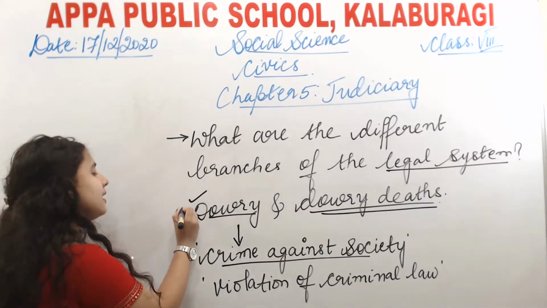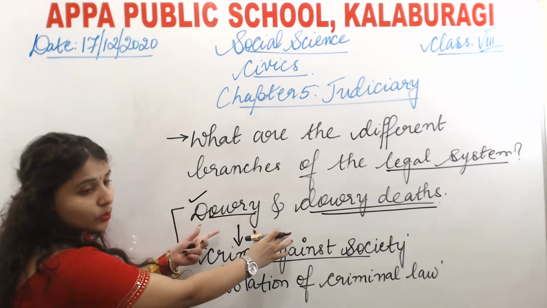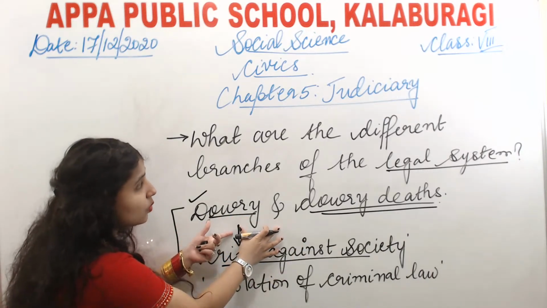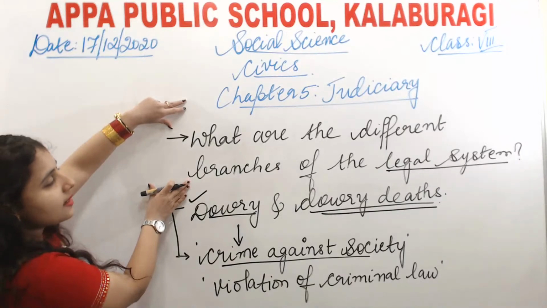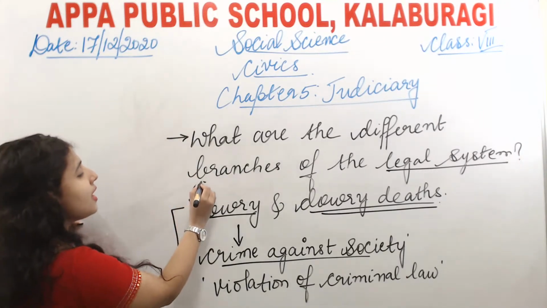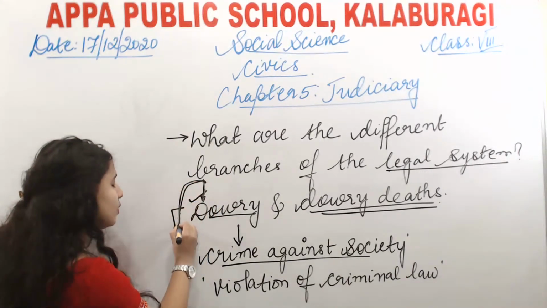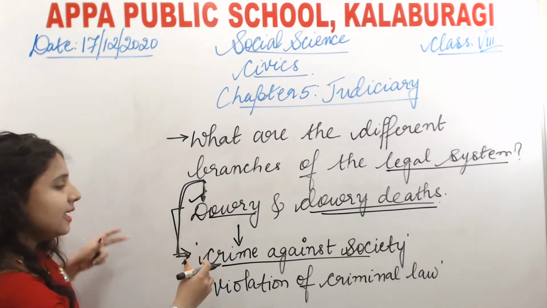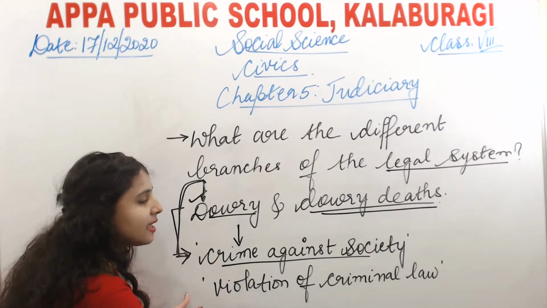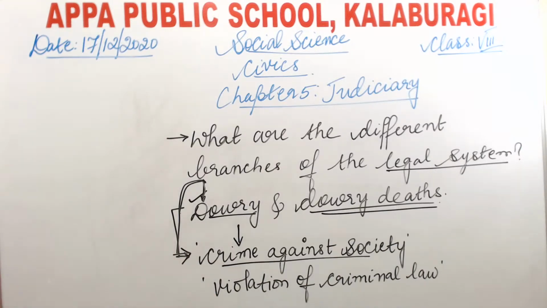Yesterday we discussed dowry and dowry debts. Today we are discussing the different branches of the legal system. So this dowry and dowry debts fall under crime against society and are violations of criminal law.